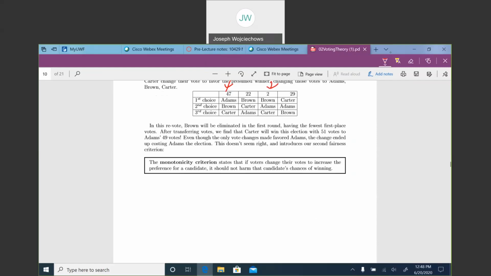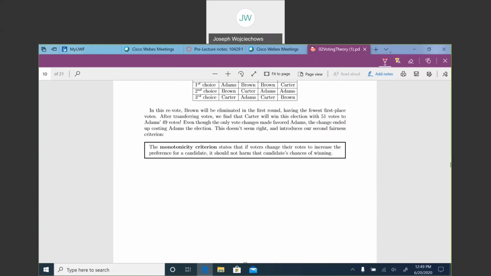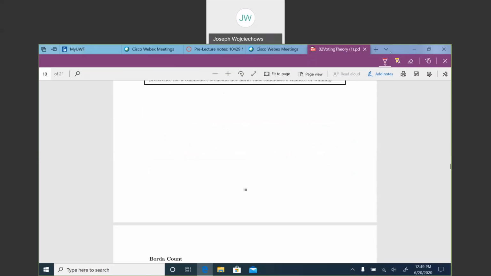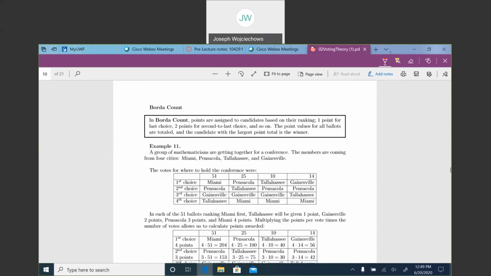This doesn't seem right and introduces our second fairness criterion. The monotonicity criterion states that if voters change their votes to increase the preference for a candidate, it should not harm the candidate's chances of winning. So even though more people voted for him, he ended up losing.